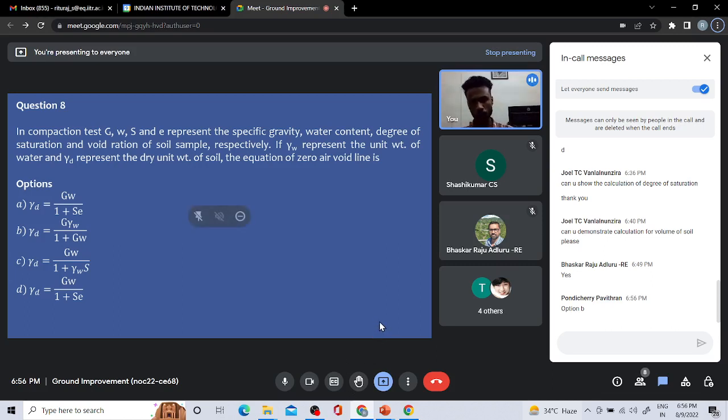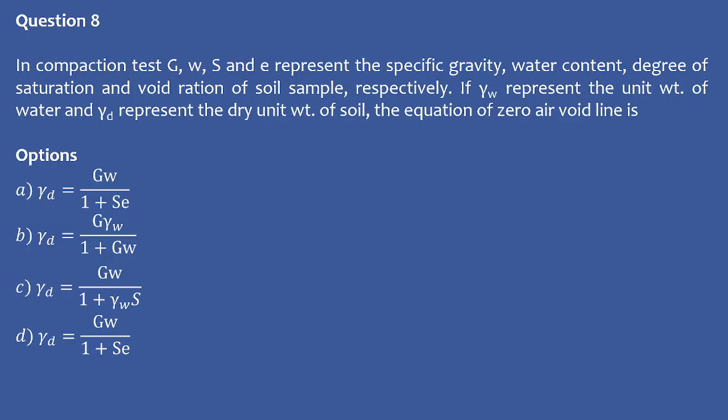So it's just an equation only. The answer is B, G gamma W upon 1 plus wG.